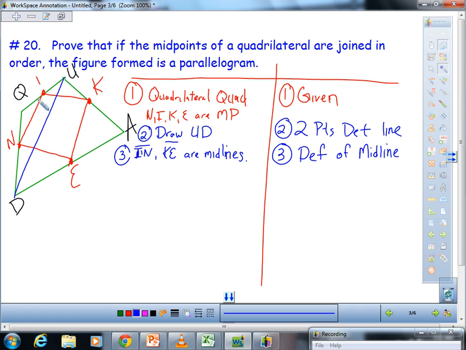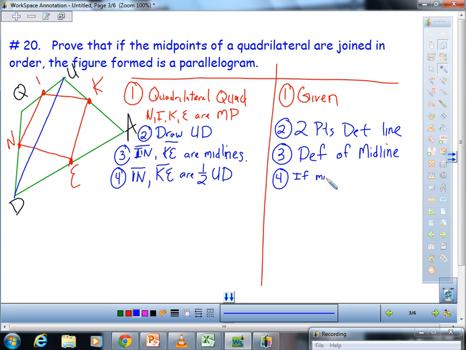Now we're going to use some properties of midlines. So I'm going to say that IN and KE are 1/2 of what? Of UD. And then I think I would just put that in if-then form.